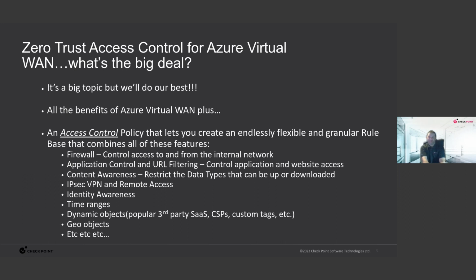Some of you will know all this, and probably more than what I show, but I try to go through in some detail each part of that access control feature set. That includes the firewall, which you all know, application awareness or application control and URL filtering, so controlling applications and website access, and content awareness, which is essentially DLP.